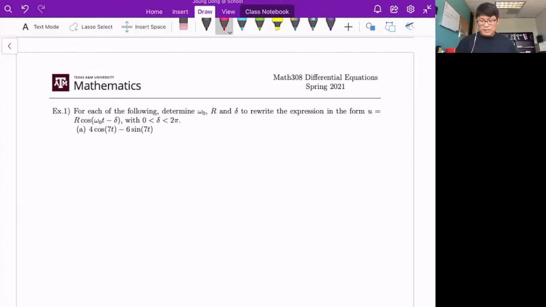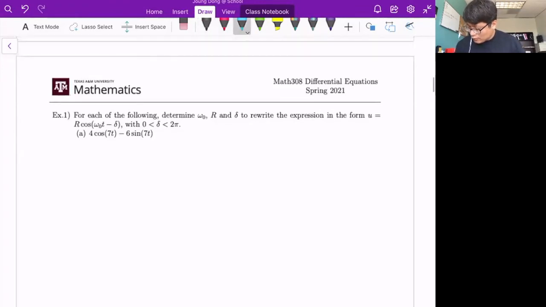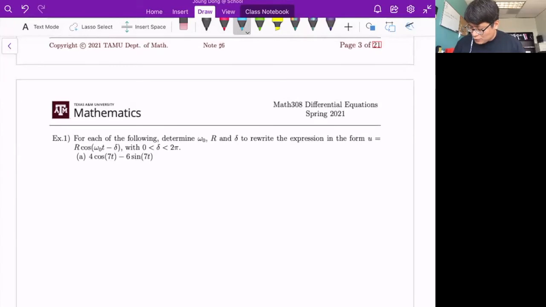So in the previous slide, I gave you one formula, right? What was it? Let me scroll down a little bit so I have more space.